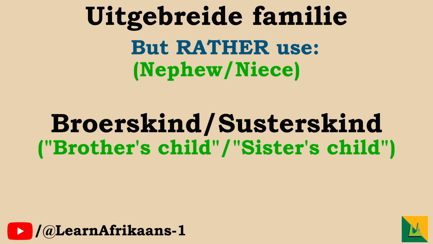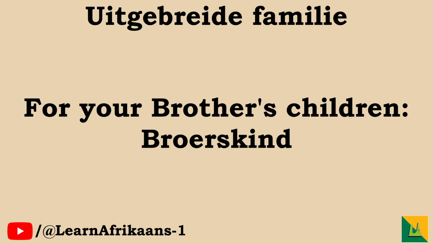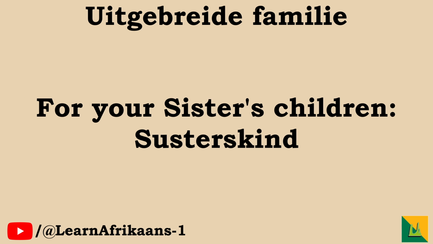Both of these terms are gender neutral about the person, but do specify who their parent, your sibling, is. So it is your brother's child, broerskind. And if it is your sister's child, susterskind.